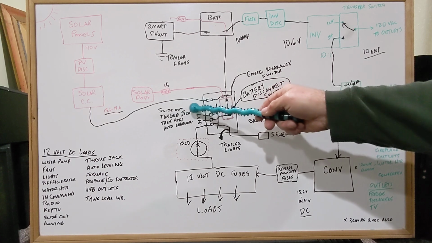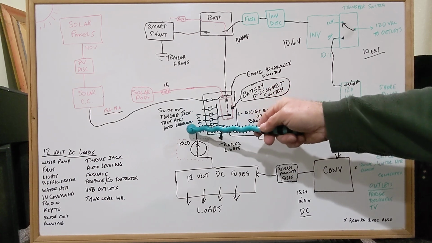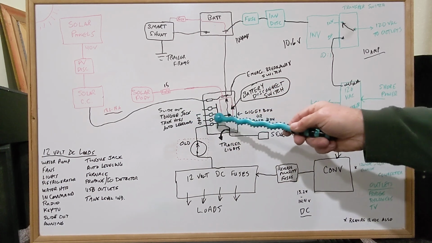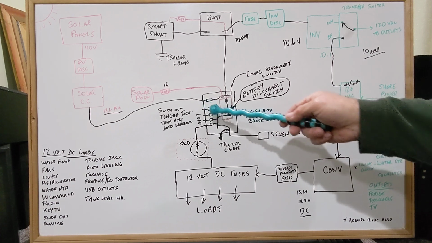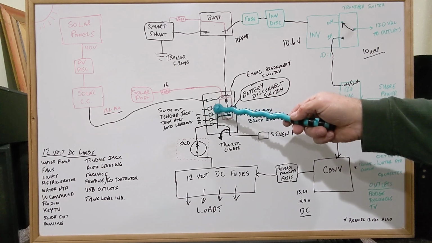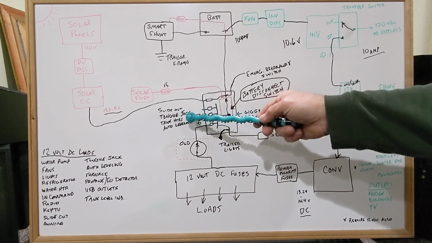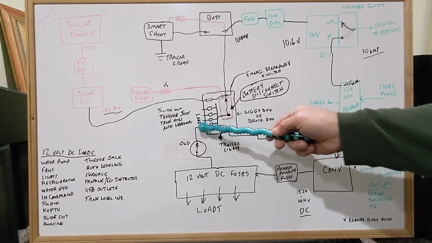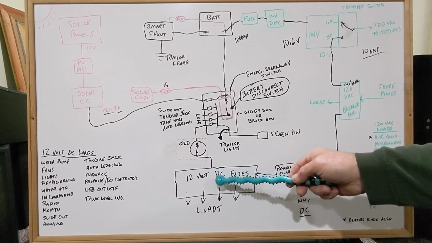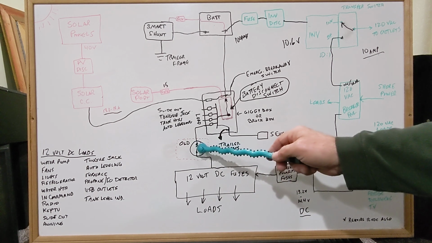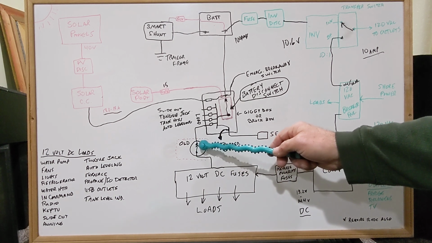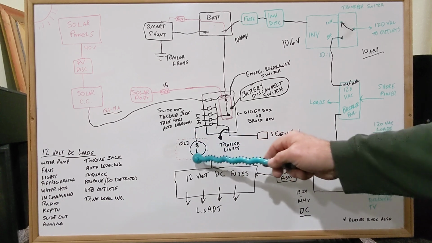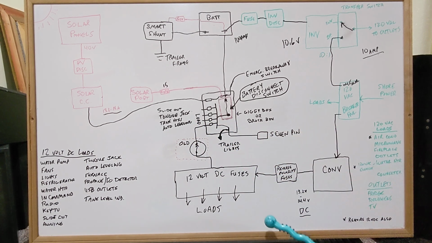So the slide out, the tongue jack, your tank heaters, your auto leveling, those things are all coming off of circuit breakers inside your Giggy box, and then you'll have this one 50 amp circuit breaker, which is supplying power down into the fuse panel in your trailer. Again, if you have a newer trailer with the Giggy box, you won't have this old disconnect switch, so this will just be a solid wire here.